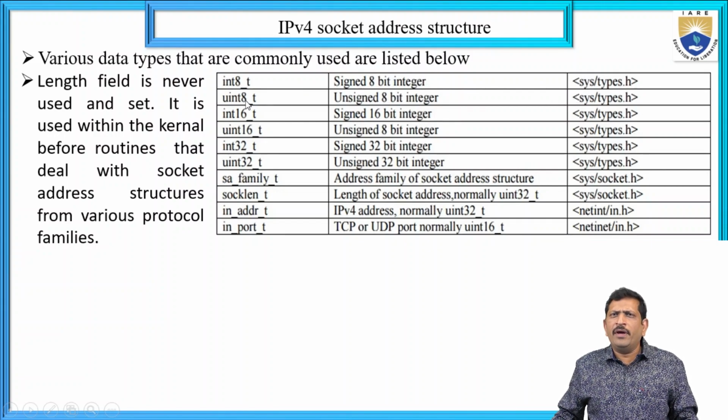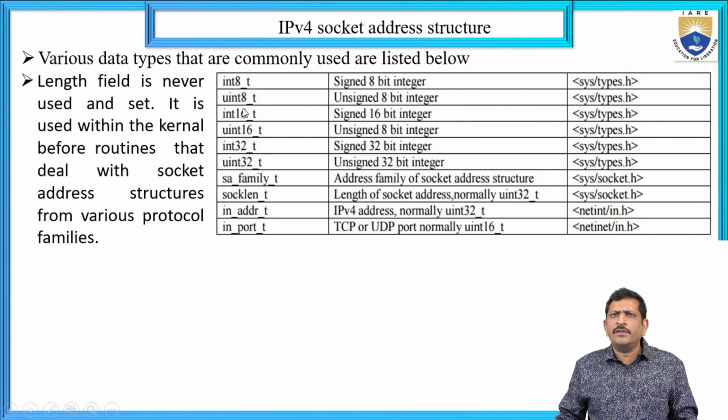Whenever we use this data type, we have to use the header file sys/types.h. uint8_t means unsigned 8-bit integer.